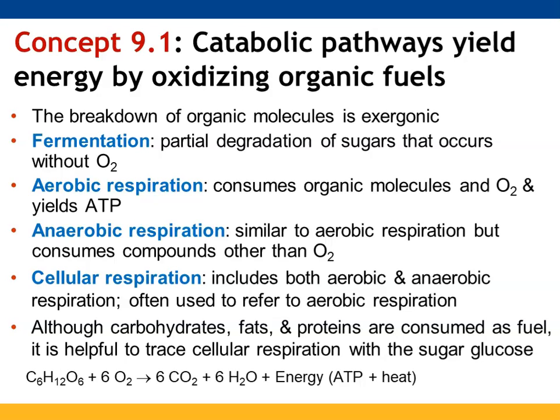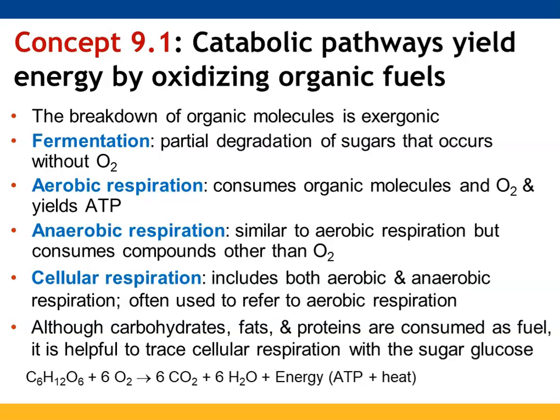So catabolic pathways are ways that we are able to get energy by oxidizing those organic materials. Fermentation is able to oxidize those organic molecules, but not to the extent that we see with respiration in terms of generating ATP. It does it without oxygen.